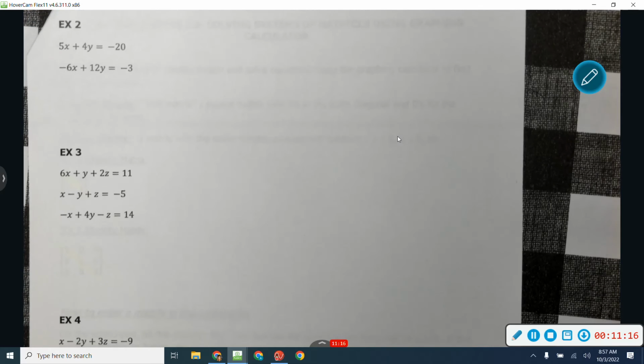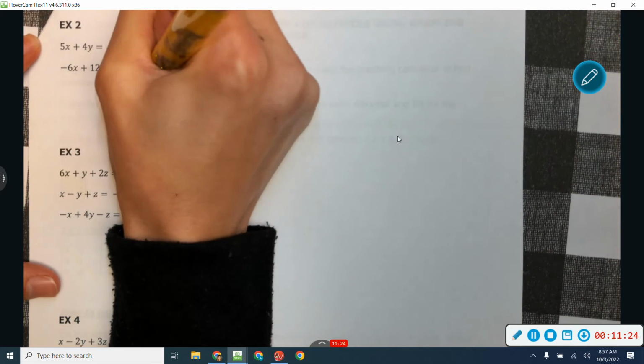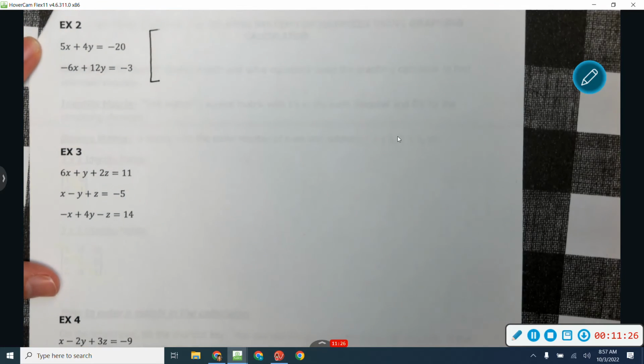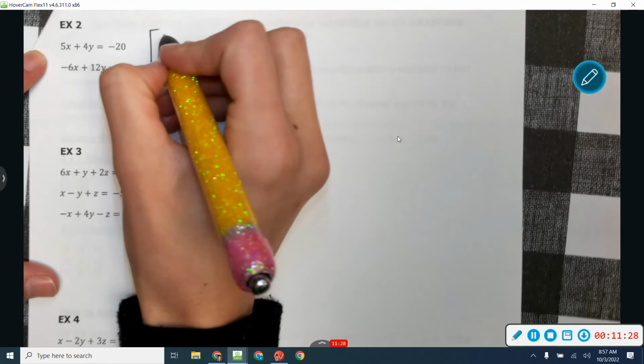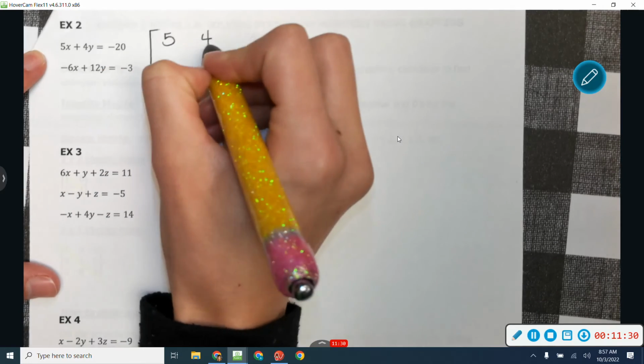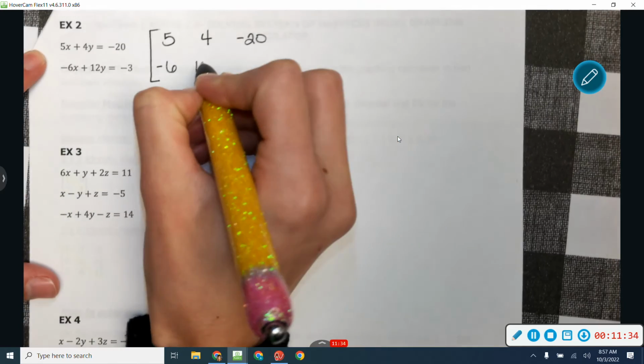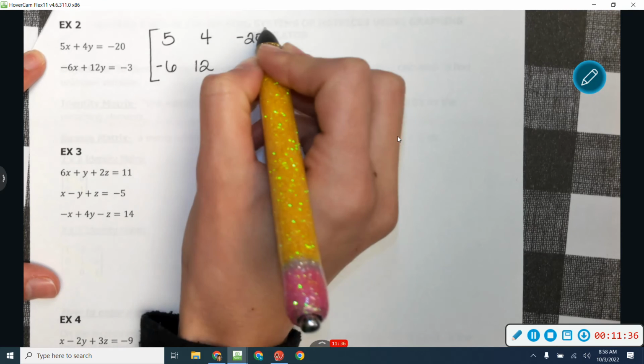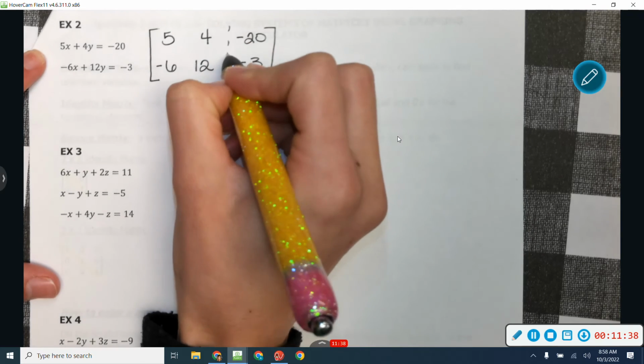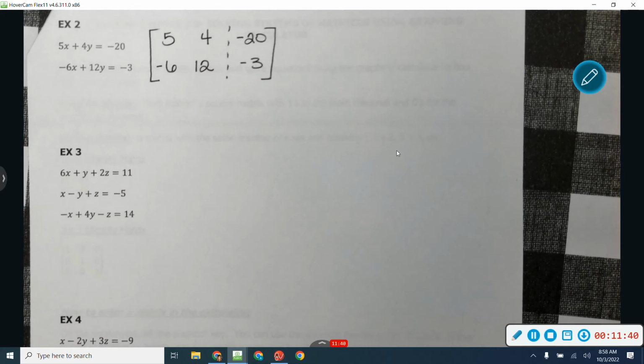Okay? So, I've got 5x plus 4y equals negative 20, and I've got negative 6x plus 12y equals negative 3. My coefficient matrix, my first row is my first equation, so I have 5, 4, negative 20, negative 6, 12, and negative 3. So that's what I'm going to type in my calculator.